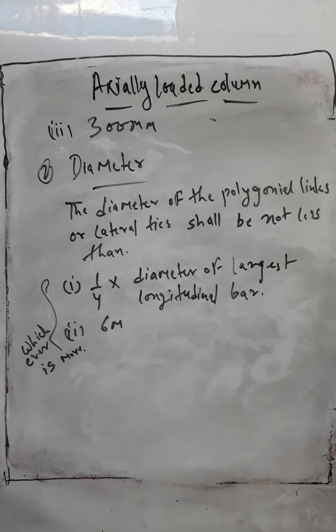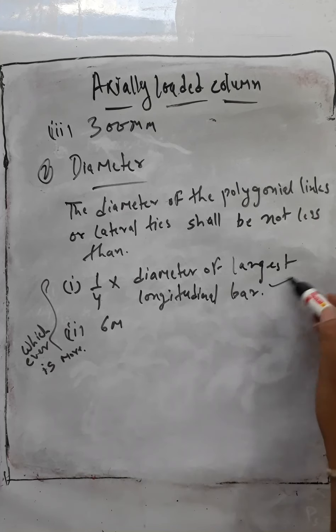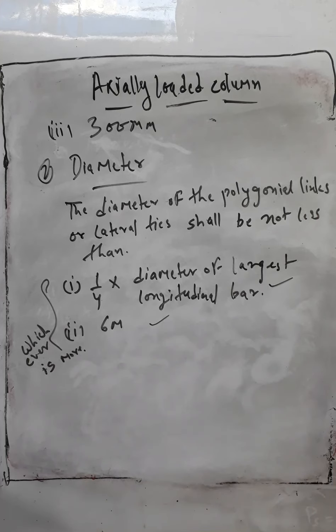The diameter of the lateral tie shall be not less than. So for that we have to check these two criteria, and we have to pick up the more value which we get from these two criteria.